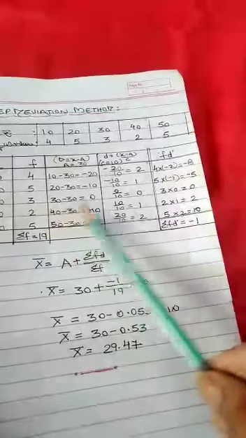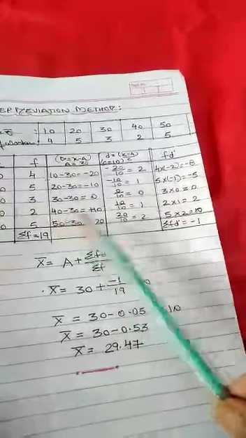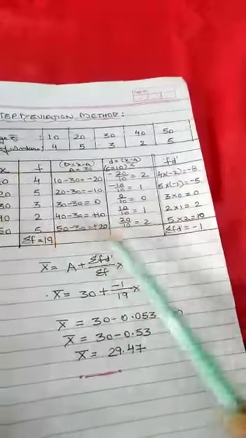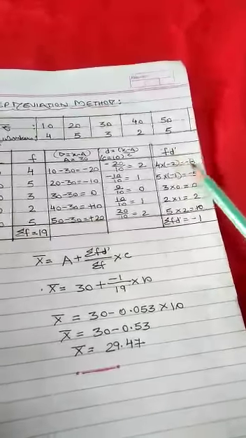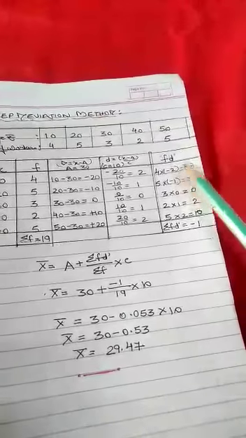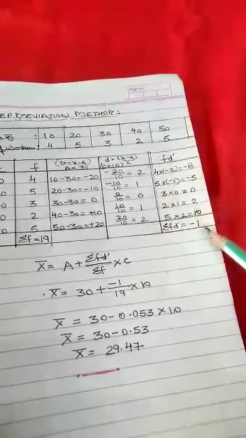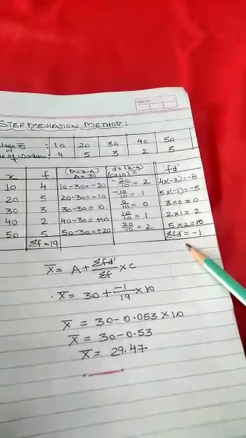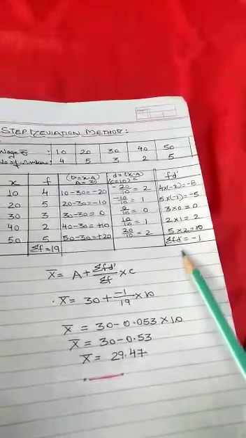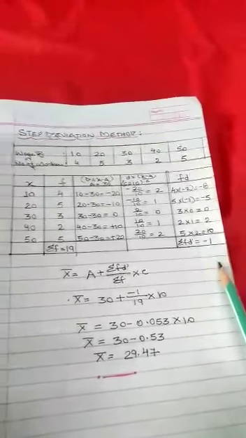Then 3 zeros are 0. Then 2 into 1 is 2. And 5 into 2 is 10. Now what you will do again? Minus 8 minus 5 will be added together. That comes to minus 13. And 2 and 10 to be added together. That comes to 12. So children, your sigma f d I comes to minus 1.